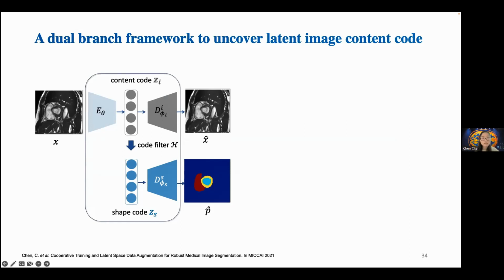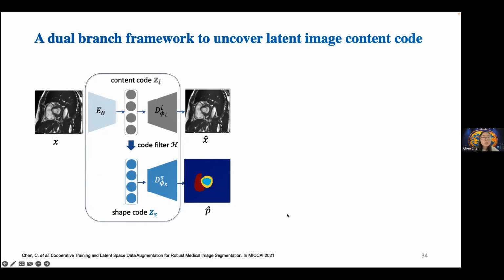And then we extract some task-specific code from this content code into this shape code. And then there is a task-specific decoder, or segmentation decoder, that interprets this back into the segmentation space, okay?